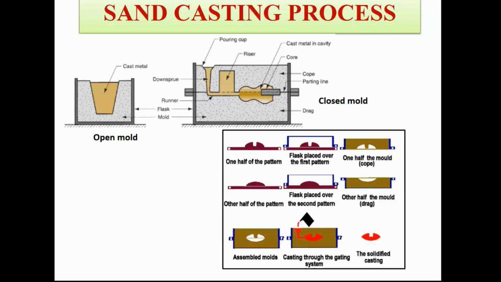For that purpose, metal molds of steel, or sometimes molds made up of graphite, are used to make castings in large numbers, and they are widely used for mass production. So this is the basic process of making sand casting.